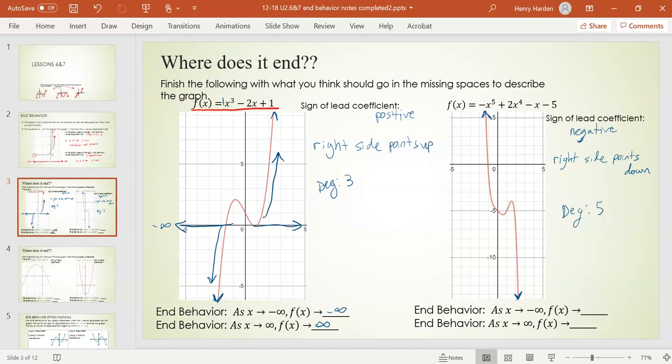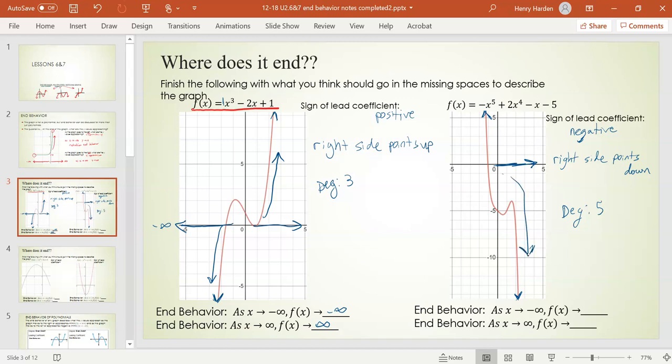So infinity. Now, usually when I do end behavior, I always do the right side first because I know that side follows the leading coefficient. So if I was to do the one on the left, this right graph right here, the x to the fifth, I would start with the right side. As x goes to infinity, because there's a negative leading coefficient, I already know that this side's going to point down.